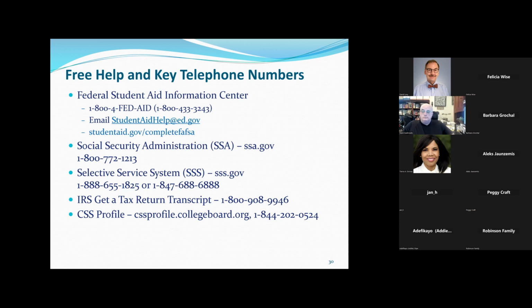The online FAFSA provides context-sensitive help information. You can also call the Federal Student Aid Information Center. If you email the Federal Student Aid Information Center, do not include personal information in the email, such as your or the student's social security number, as email is not secure.